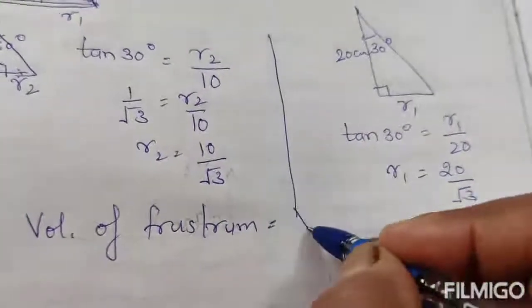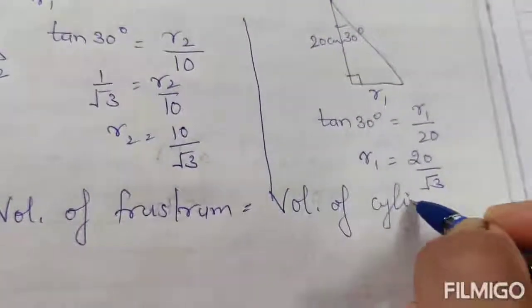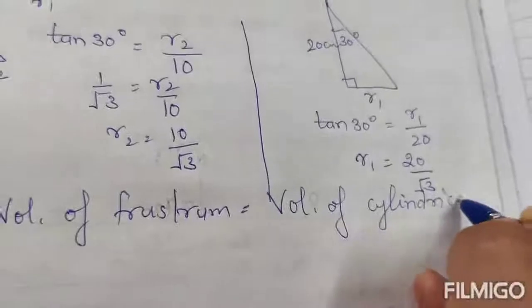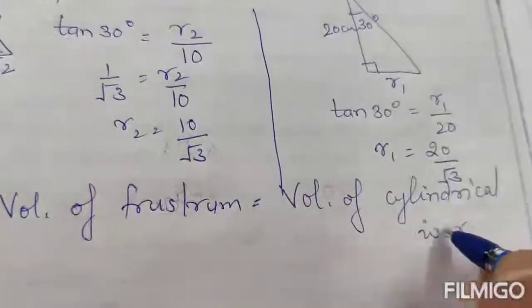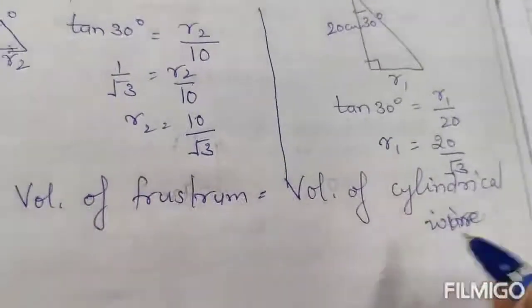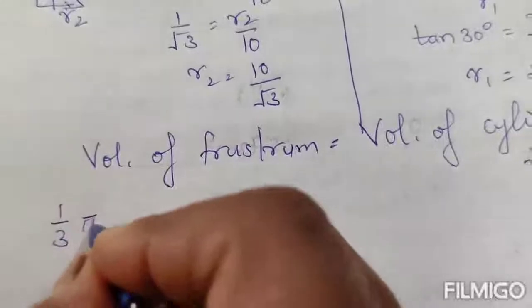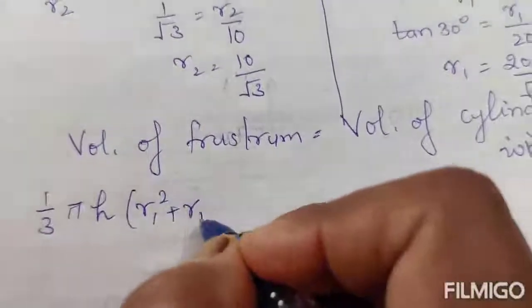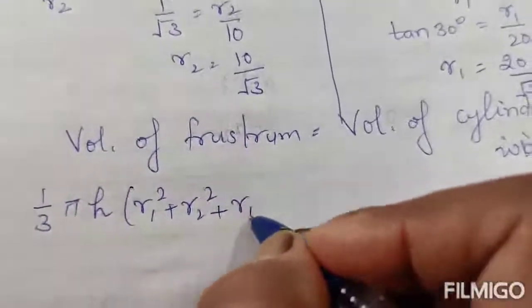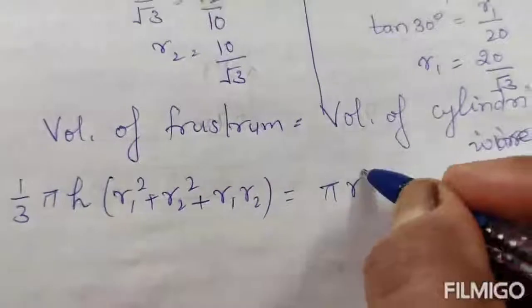In this case, volume of frustum equals volume of cylindrical wire. The volume of frustum is 1/3 π h (R1² + R2² + R1R2), and volume of cylindrical wire is π r² h.